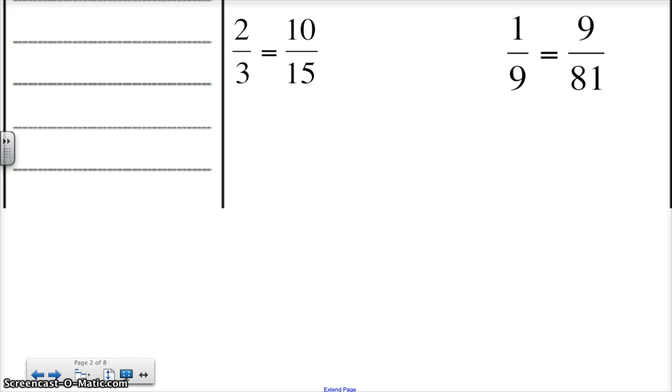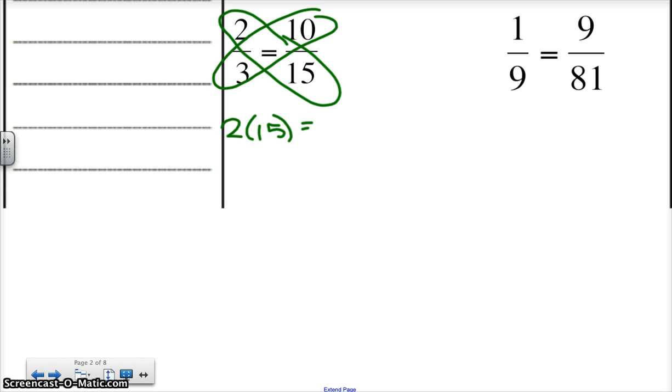I say, does 2 times 15 equal, and then multiply the other diagonal, 3 times 10? Stop. Does 30 equal 30? Yes, they are a proportion. So you are going to need to know how to identify if two ratios form a proportion. Check the cross product.